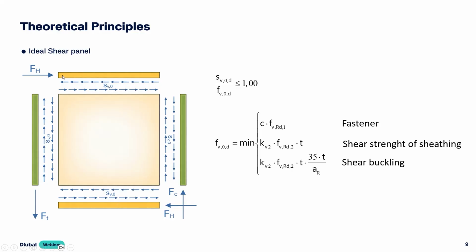So we need to transfer our horizontal force from the beam to the sheathing, and then from the sheathing back to our bottom plate in this case. And inside this ideal shear panel, of course, the shear flow is always the same.